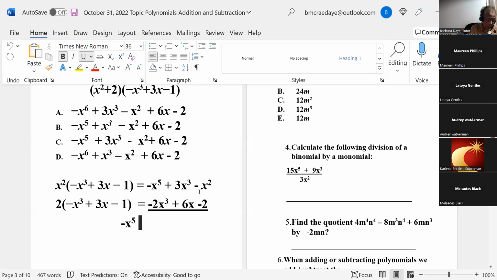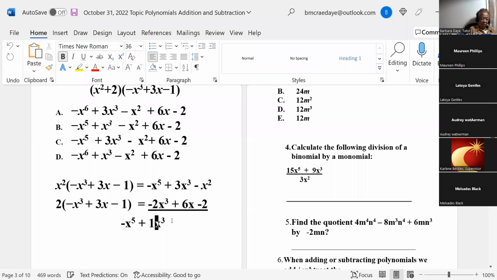It would be a plus, and we'll just put a 1. We don't need a 1 here. So that's plus 1, and let's just put x to the third here. That's the same as just x to the third, right? So that's a plus 1, x to the third.